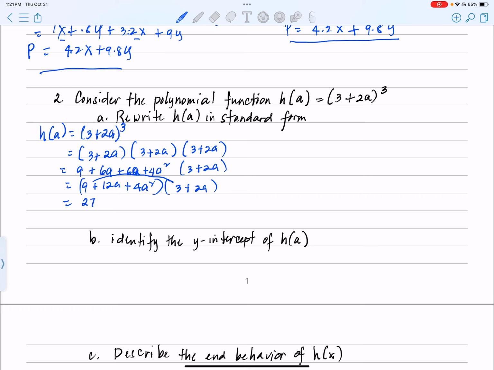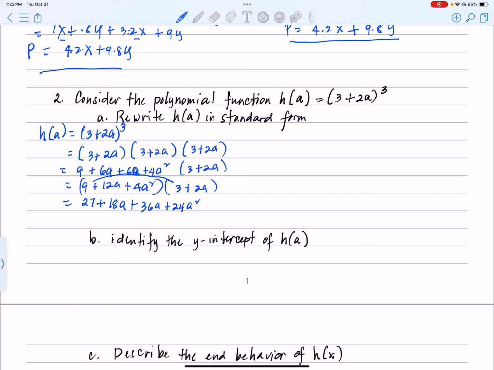Then 9 times 2A equals 18A. Then 12A times 3, that is 36A. Then 12A times 2A, that is 24A squared.